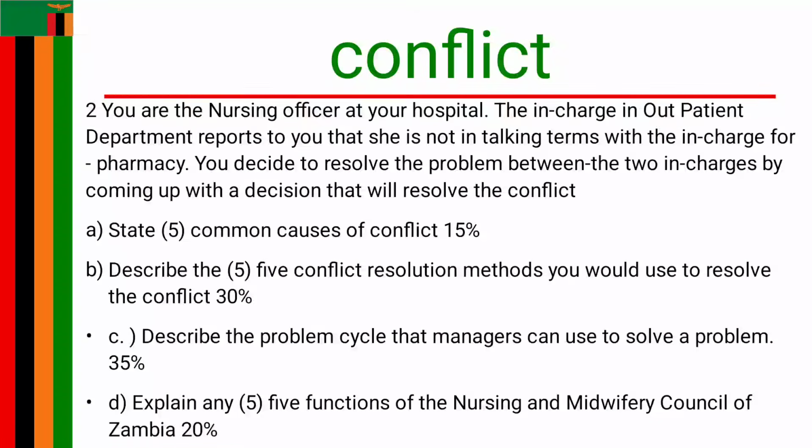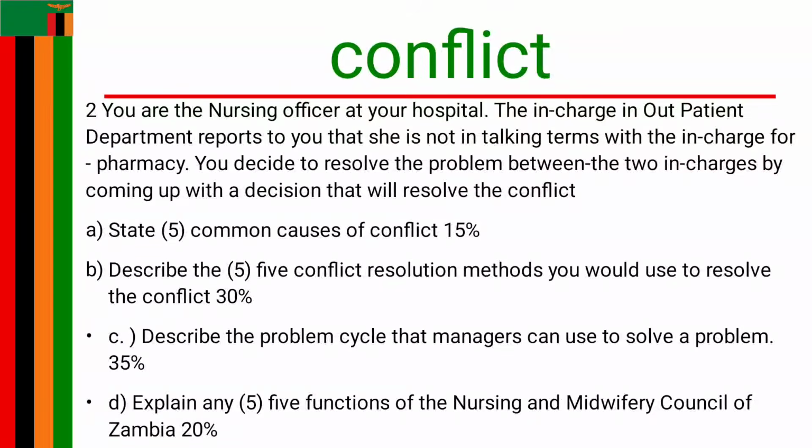And this mostly could involve a senior mediator from maybe HR department or a senior manager to come in and resolve the issue between pharmacy and the outpatient department. The other conflict resolution method is collaboration.